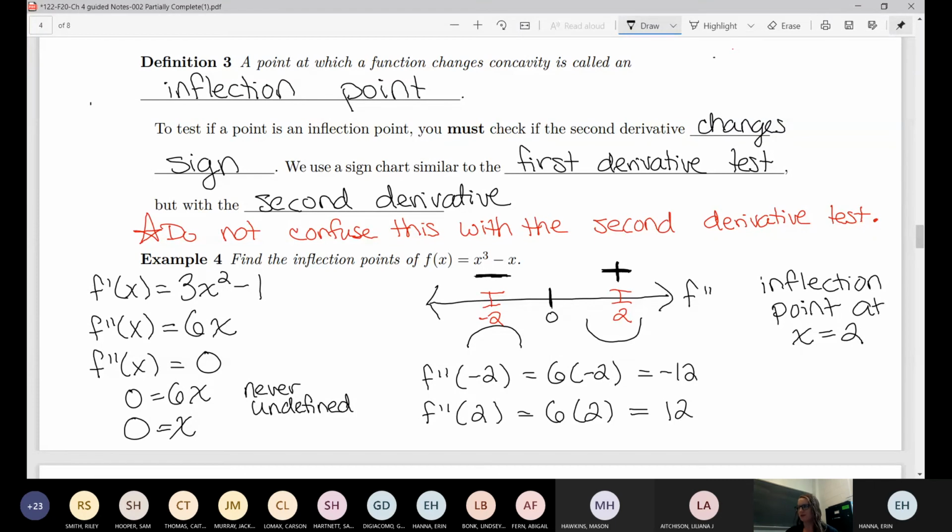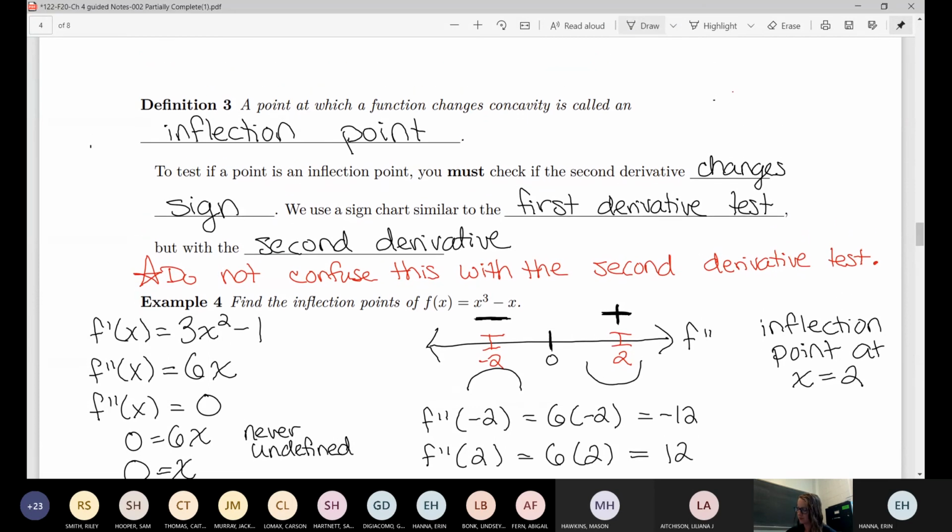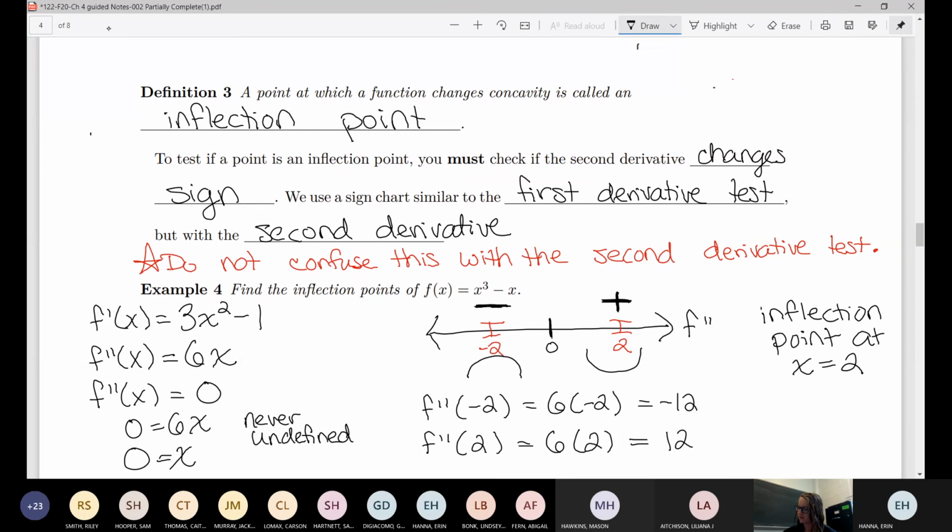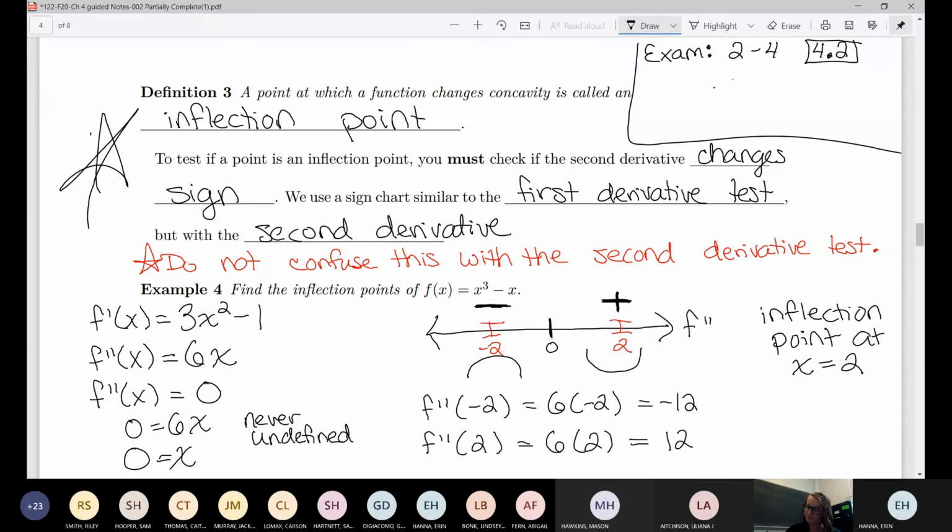So that's inflection points. Again, we'll do more examples of this on Monday. I do want to babble in the last minute that I have. Your exam, and I'm almost done writing the practice, which I'll put up later today, is going to cover chapters 2 through 4, but only up to 4.2. 4.2 is inflection points. 4.1 is local maxes and mins.